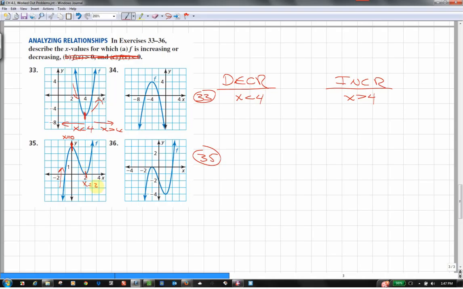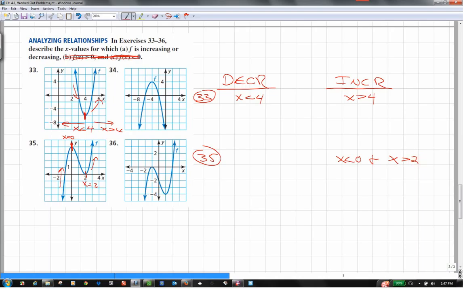Then I start going back up. So I'm going upward in these two areas where x is less than 0, and I'm going back up again where x becomes greater than 2. So x is greater than 2. Those are the two areas where I'm going up.